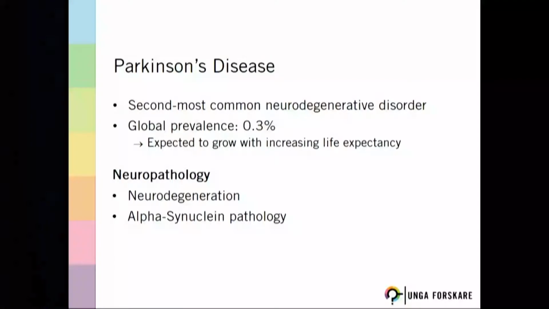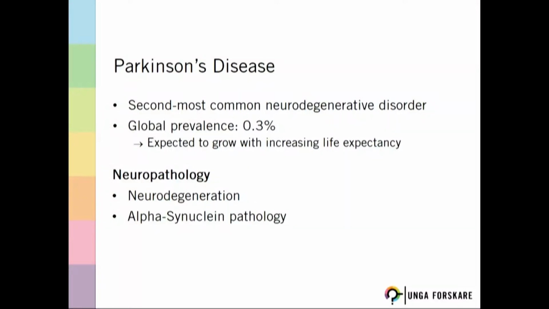Although the definitive etiology of the disease remains unknown, two pathological hallmarks have been identified. First, the death of certain neurons, that's called neurodegeneration, and second, the formation of intracellular inclusions of the protein alpha-synuclein, which will be the focus of my project as well.